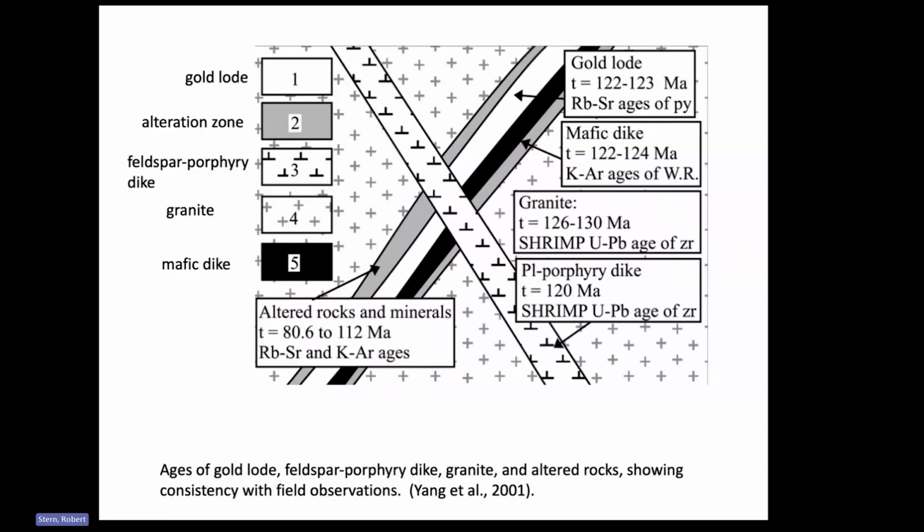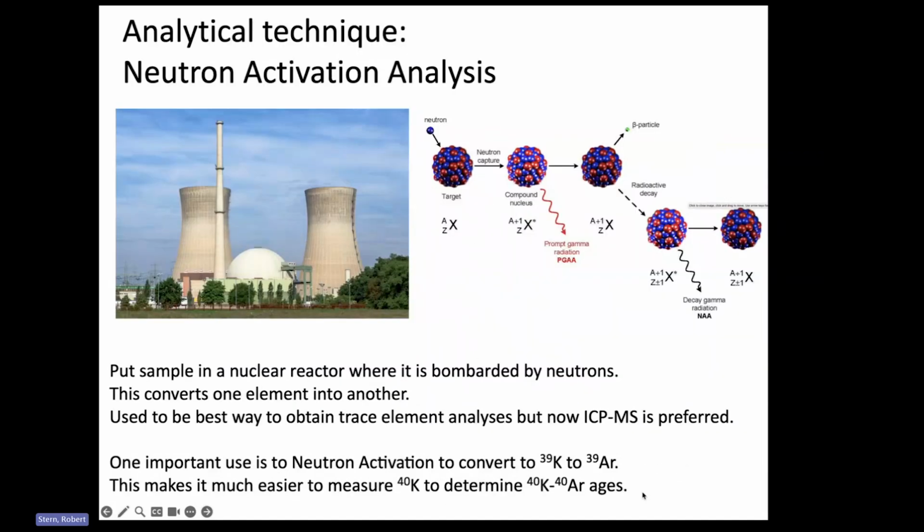So what we do is turn the potassium-39 into argon-39 by bombarding it with neutrons in a nuclear power plant. And then we can analyze the argon-39 and the argon-40 together to get the age.